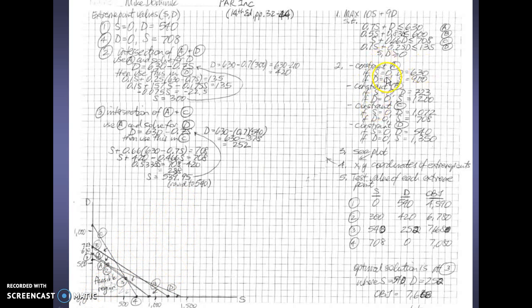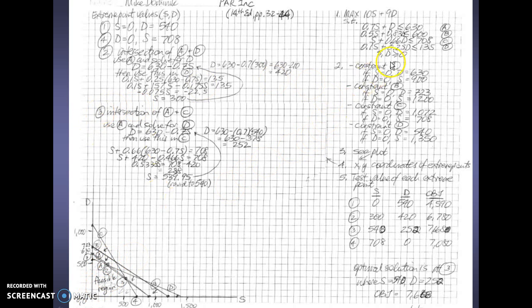If S and D are each equal to 100, 100 times 0.7 is 70, plus D, that would be 70 plus 100. Is that less than or equal to 630? Check. Yes, it is.